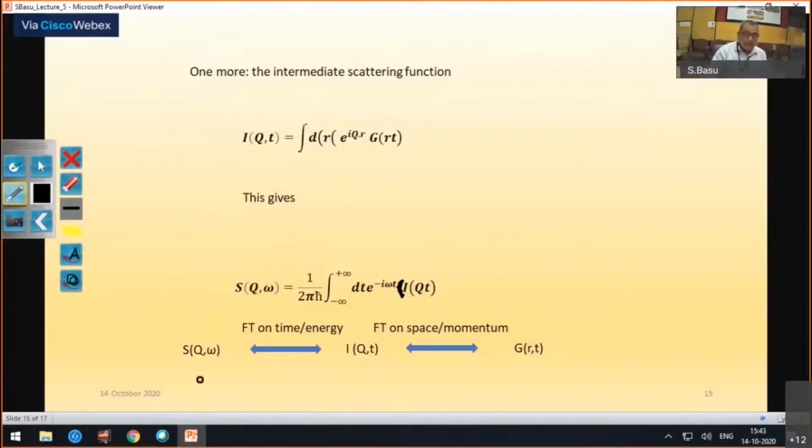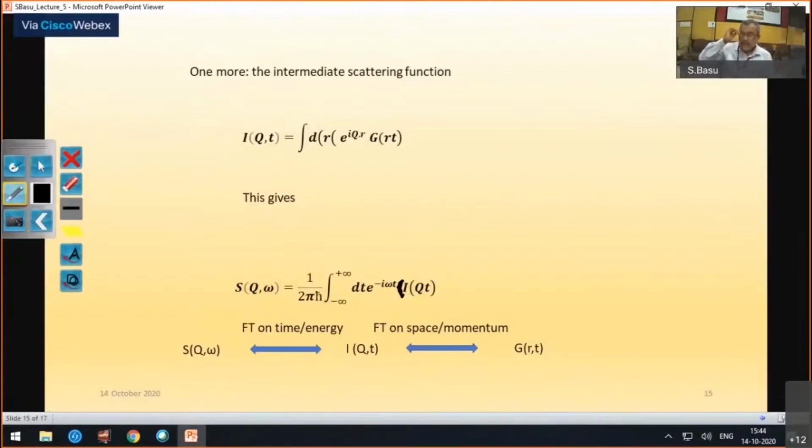Now I have S of q omega, which is the measured space, I of q t, the intermediate scattering function, and g of r t, the desired correlation in real space. This is known as Green's propagator. Basically, this tells me how the system evolves in time and space, and S of q omega gives me the experimental result, and they are Fourier transforms of each other. I'll stop now.